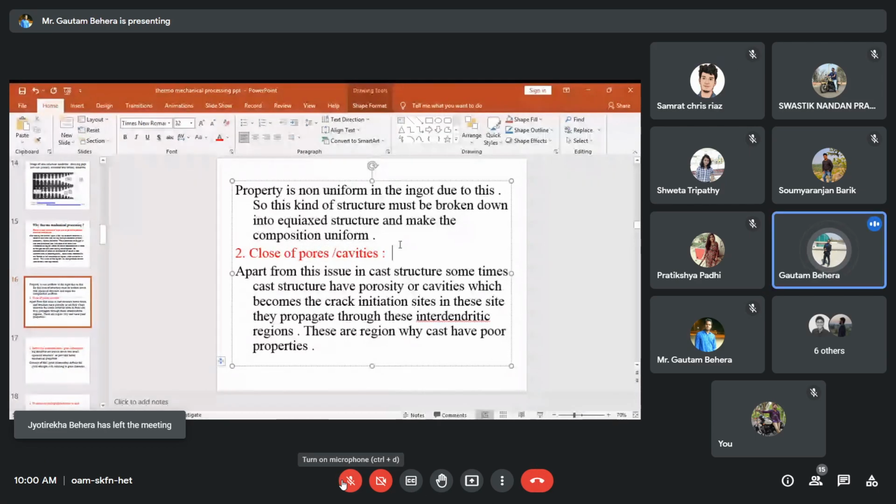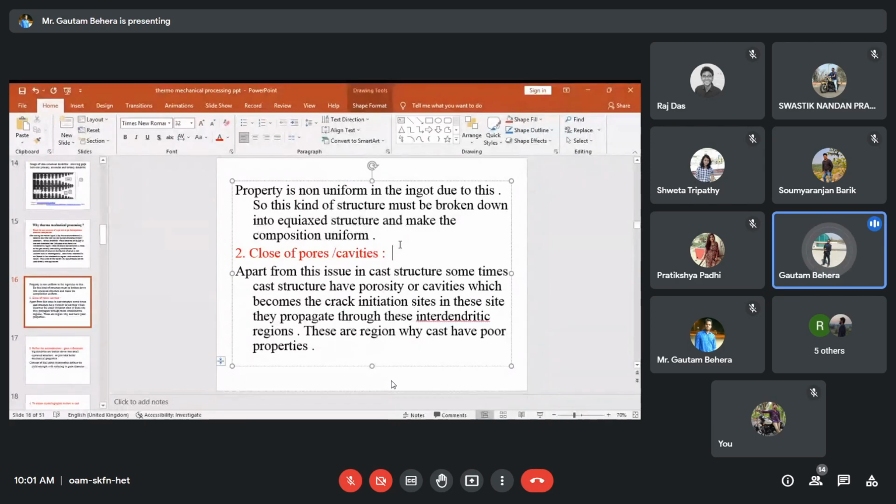Okay, Aditya, can you answer? Or Samrat can answer, I think. Samrat? Okay, Rutuparna, can you answer this? In industry, is the cooling equilibrium cooling or non-equilibrium cooling?